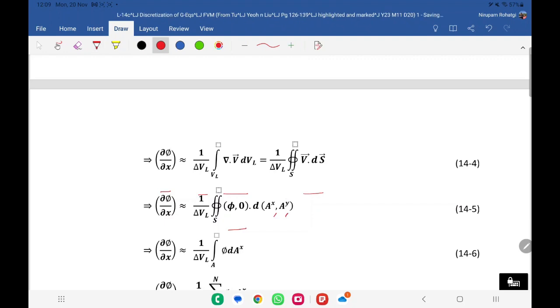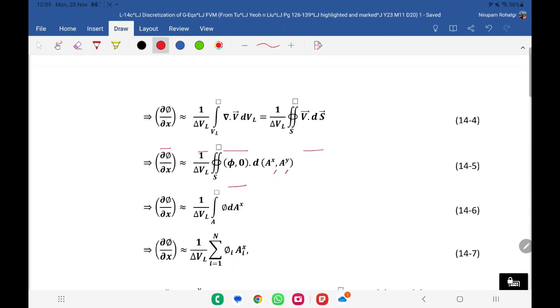Now if you do this integral, because AY has to be multiplied by this, that is a 0, you get only these two terms.